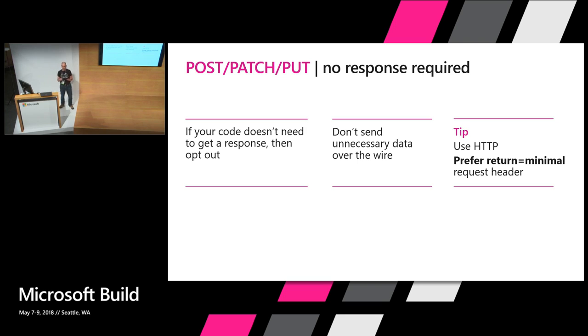This is generally a pretty good thing to do, but not in all cases, so you need to be careful when you use this. In a POST case where you're creating a new object and the server is generating the unique identifier for this new object, you may not want to employ this because your app may need to know the new identifier that was created with this new object. So use at your own discretion.